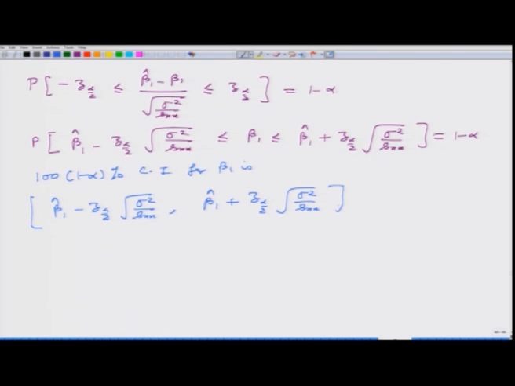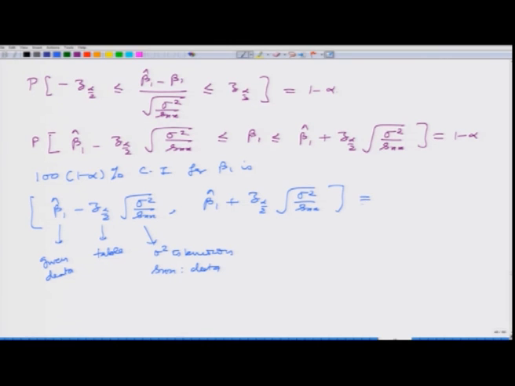So, you can see here that this beta 1 can be obtained from the given data, and z alpha by 2 can be obtained from the table, and sigma square is known, and Sxx can be obtained from data, and the same thing over here on the right hand side of the interval.